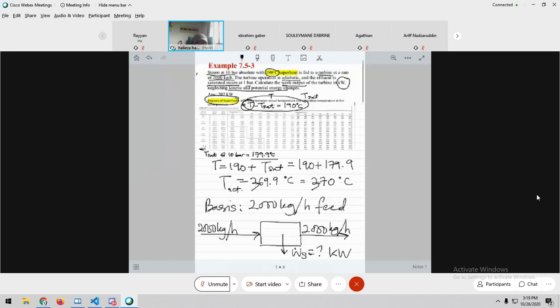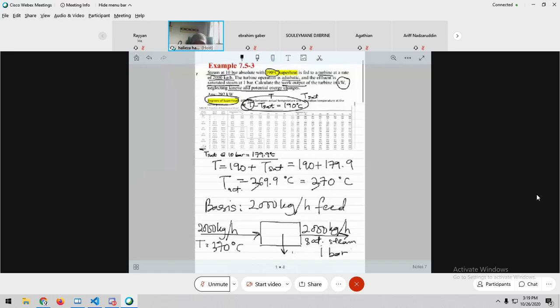The only thing is that this is at a temperature of 370 degrees C, and this is saturated. It's specified that it's saturated steam, and at 1 bar. I don't have space to write. I better undo this. I need space. Yeah, this is 1 bar.